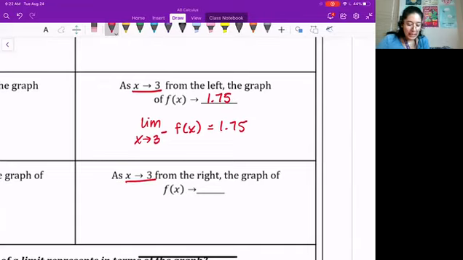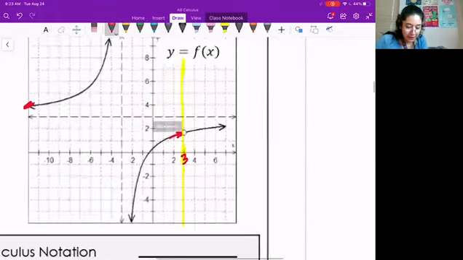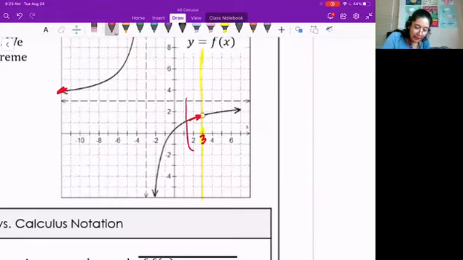Okay, now we want to talk about as x approaches 3 from the right. So I'll go back to my picture. Again, I want to hang out in the neighborhood of where x equals 3 is. I'm coming from the right side of 3. So look at 3, now look a little bit to the right. I want my x values to approach x equals 3, so I'm getting closer and closer to that dot.